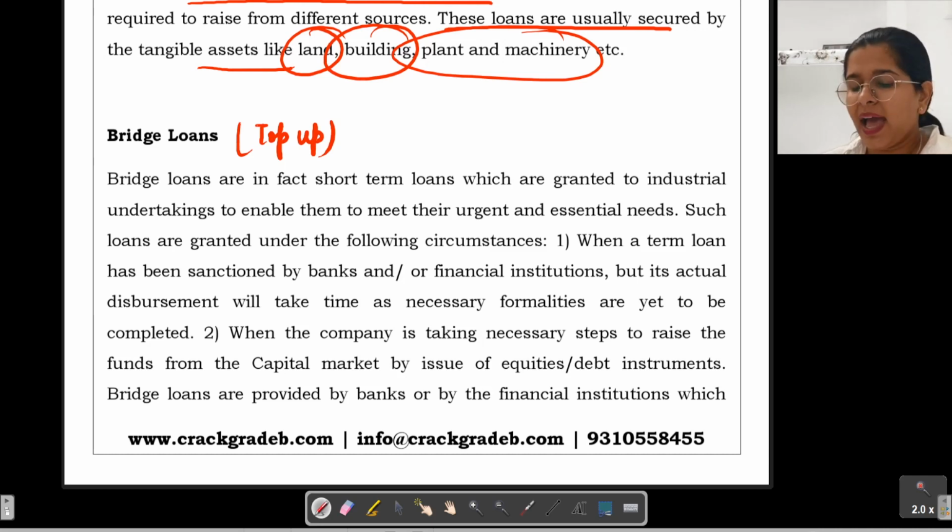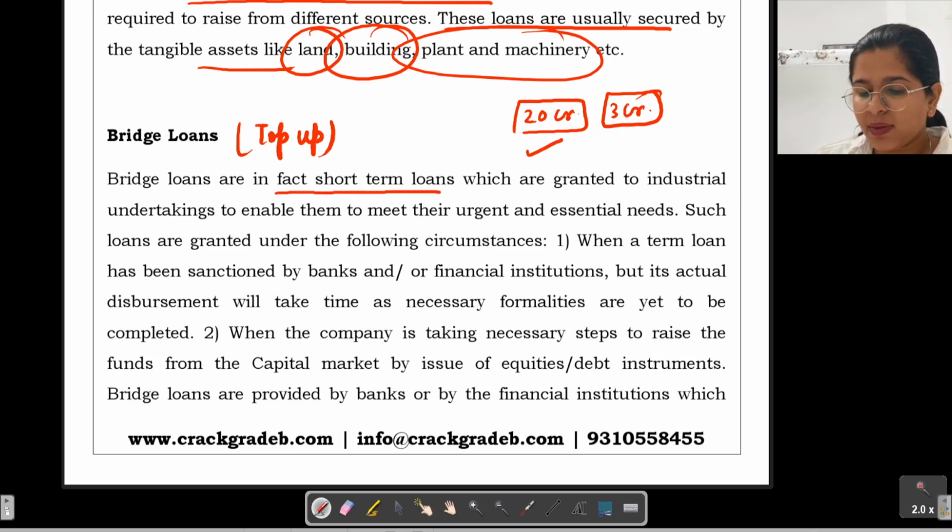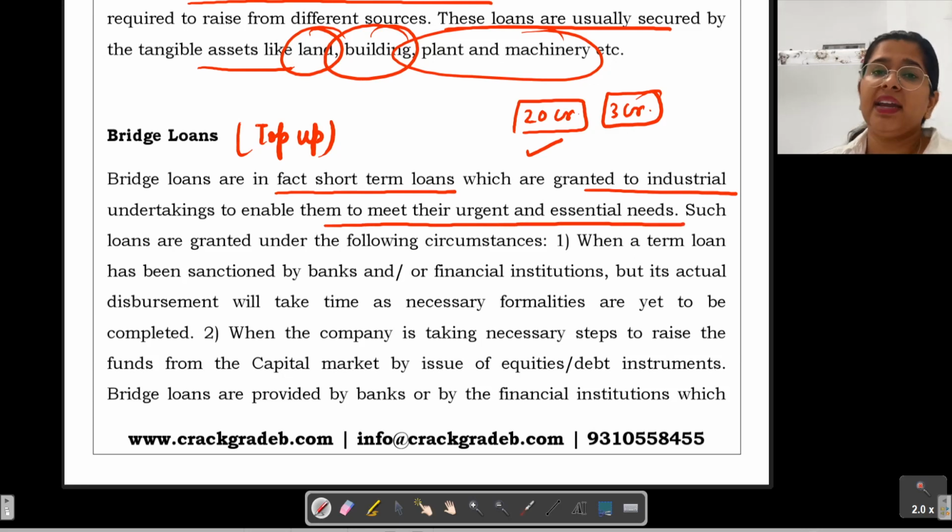See, suppose I have already taken a loan of 20 crores. Now I have an urgent need and I need a loan of 3 crore more. So my loan account is topped up with the additional amount. So bridge loans are in fact short-term loans which are granted to the industrial undertakings so that they can meet their urgent and essential needs. These are granted in the following circumstances.